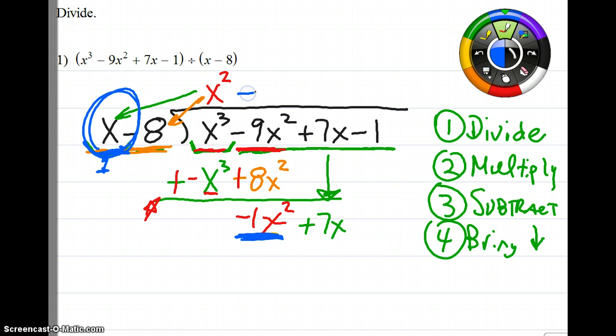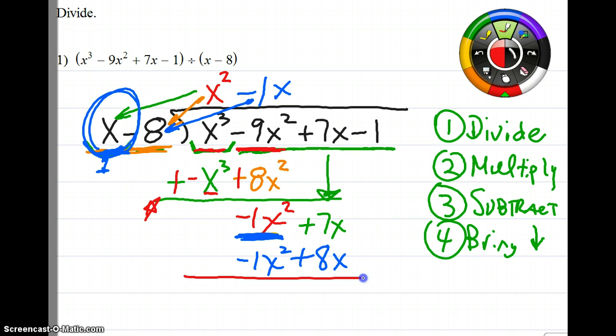So I need a negative 1, and x times x will be a negative 1x squared. Oh, but you're not done. You also have to multiply this negative 1 times this negative 8. So negative times a negative is a positive 8. Oh, but you have that x.